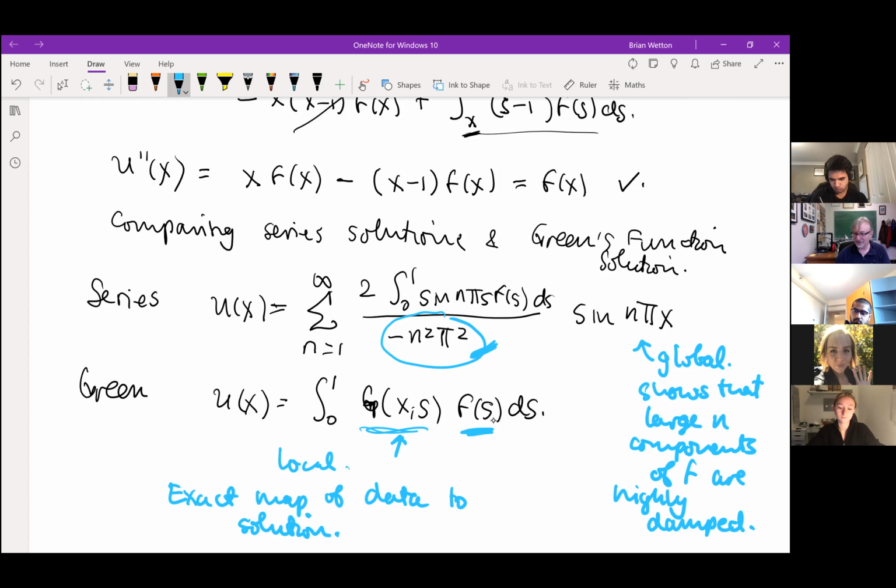And these are the sort of two main techniques that we're going to have coming up for the other problems that we're going to look at in the next few weeks.